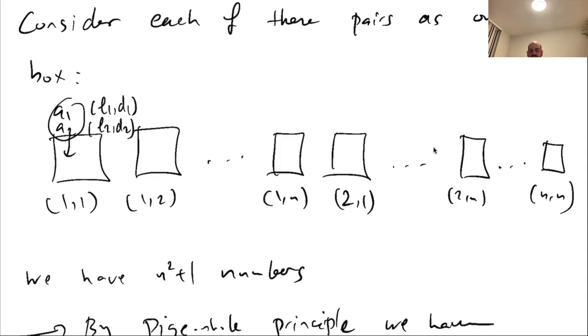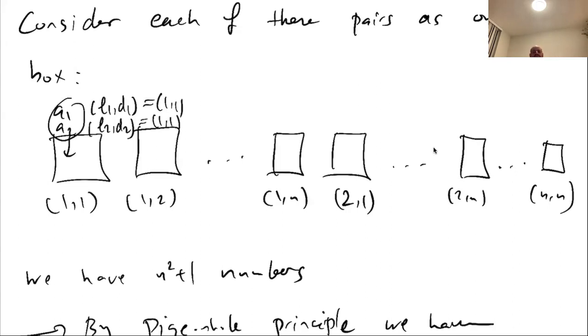Now, if I'm saying A1 is in the first box, that means L1, D1 is in the first box. And if A2 is here, that means L2, D2 is in this box. So L1 and D1 is equal to 1 and 1, and L2 and D2 is also 1 and 1. So if one box contains two of these pairs, that means at least two of these pairs are equal to each other.